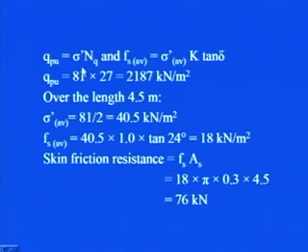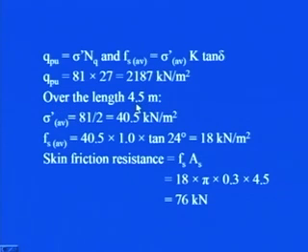QPU: sigma prime we have already found, that is 81 kilonewton per meter square, multiplied by NQ, which is given in this case, that is 27. In case it is not given, then corresponding to the value of phi you can pick the value. That results into 2187 kilonewton per meter square, that is the unit point resistance.